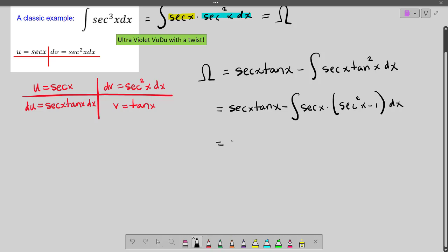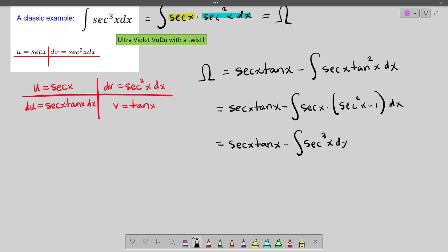And let's go ahead and separate all this and see what we get. So inside here, we're going to have secant cubed. And I'm going to break this into two separate integrals. So then we're going to have a negative secant. And there's a negative out in front, so it's going to be plus integral of secant x dx.